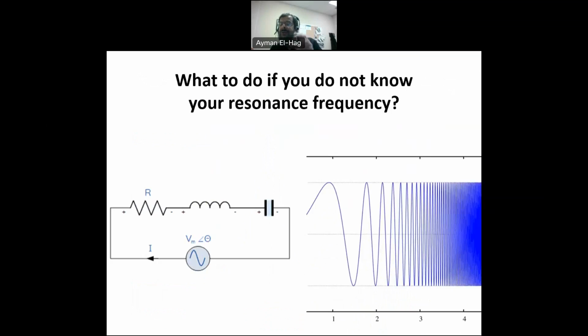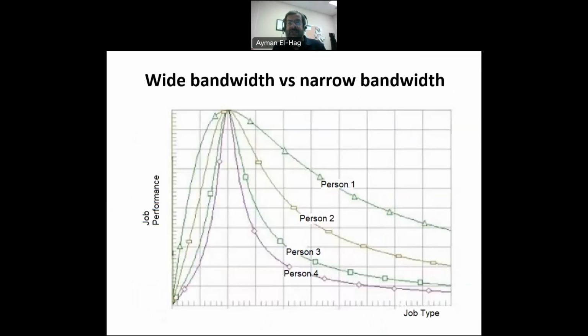The final thing I will also borrow from electrical engineering: when you see the performance, some of us have what we call the bandwidth. Some of us have a very small bandwidth, meaning that we can excel in a very small, limited number of jobs.